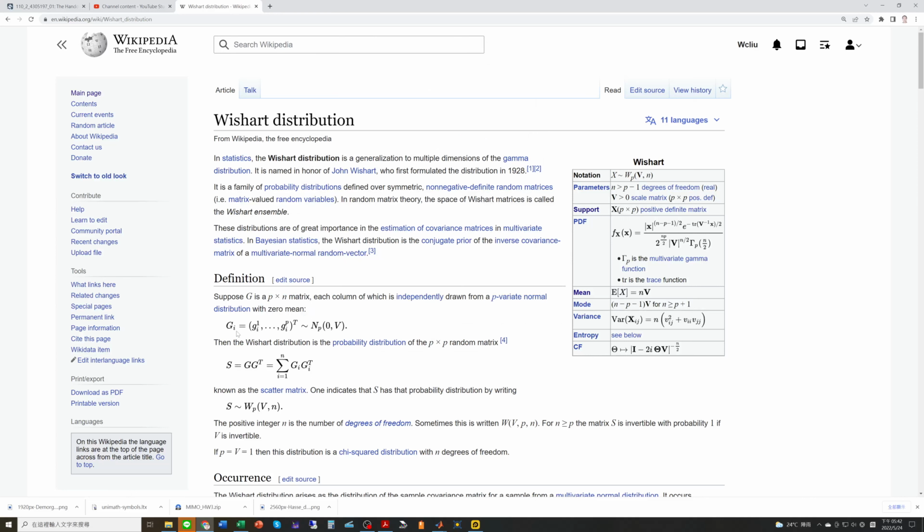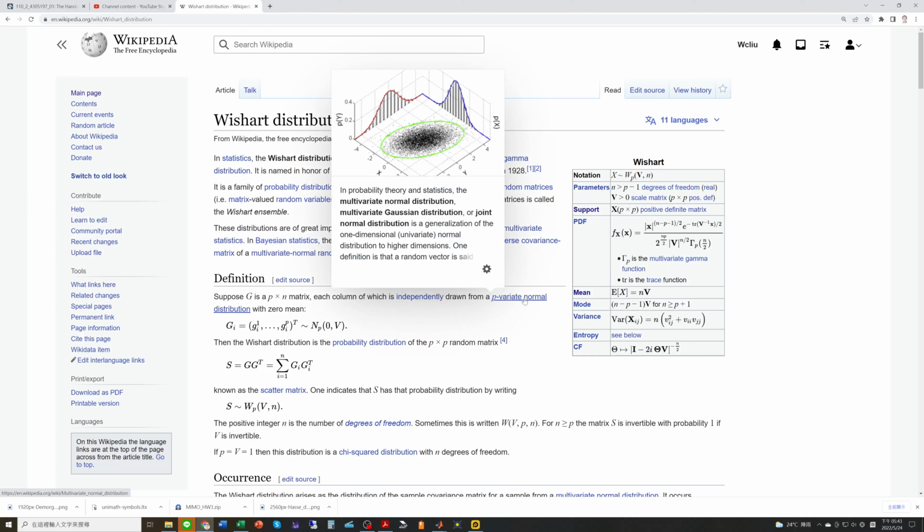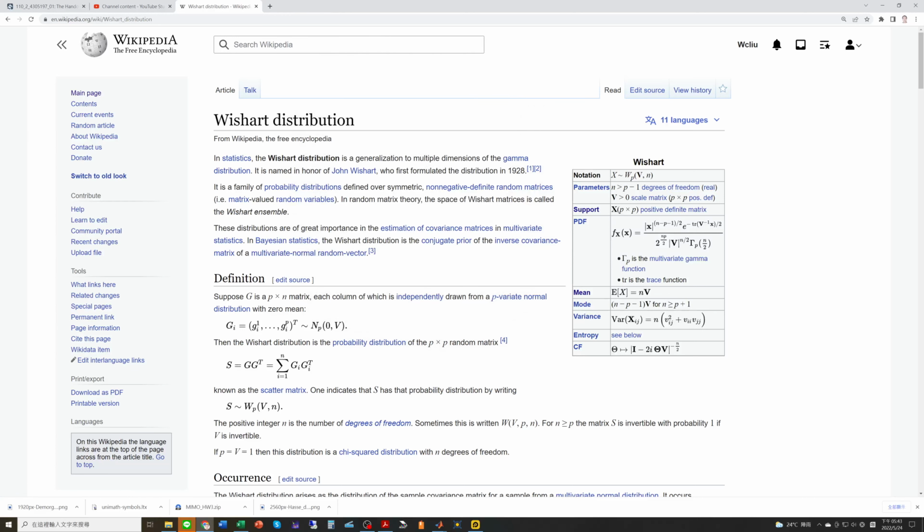Let G_i = (G_i1, ..., G_ip) transpose, which obeys the distribution N_p(0, V). So N_p is the p-variate normal distribution, which means the multivariate normal distribution with p variables.